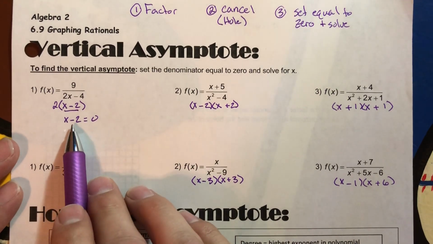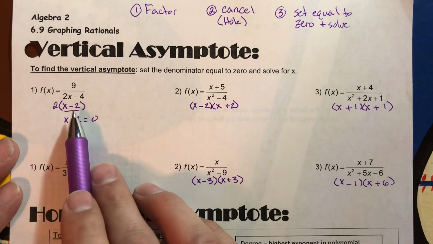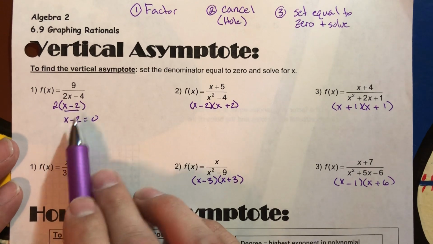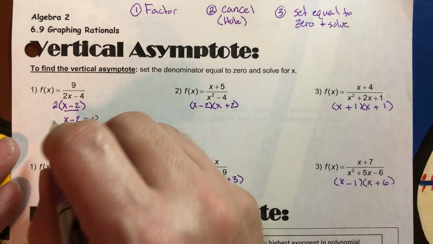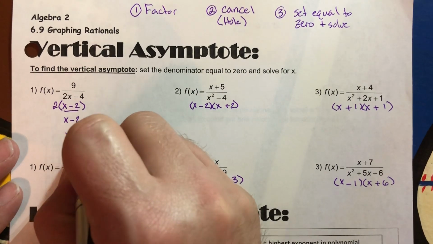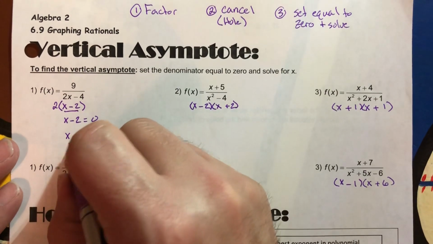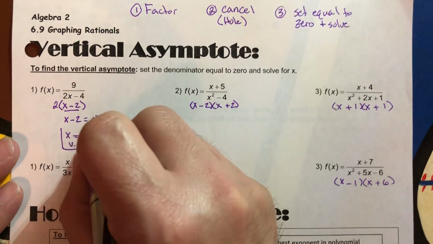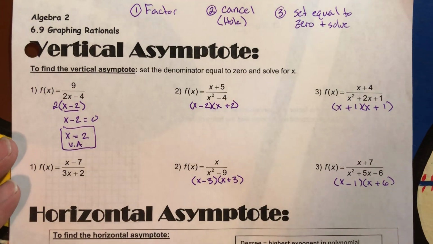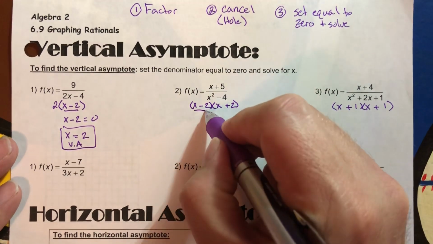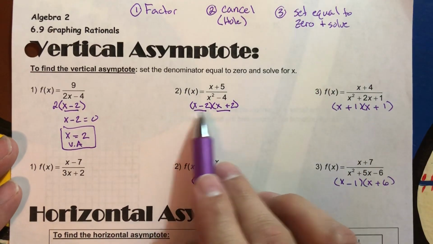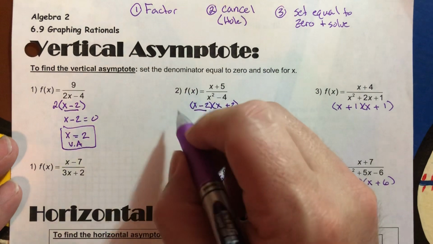For this one, we have x minus 2 is equal to 0. That factor has an x in it, so we set it equal to 0, and then we simply add 2 to both sides. So x is equal to 2. That's the VA for that problem, x equals 2. For this one, it has 2 factors, both of which have an x.